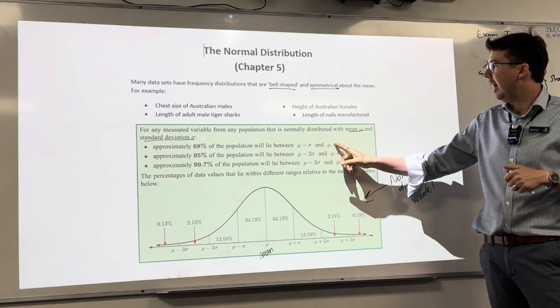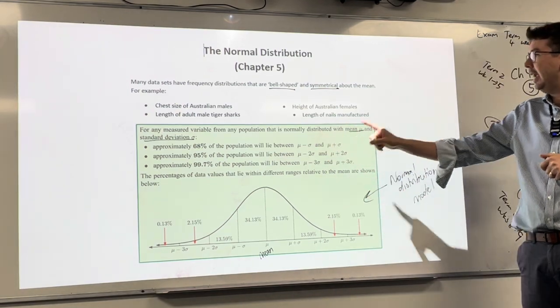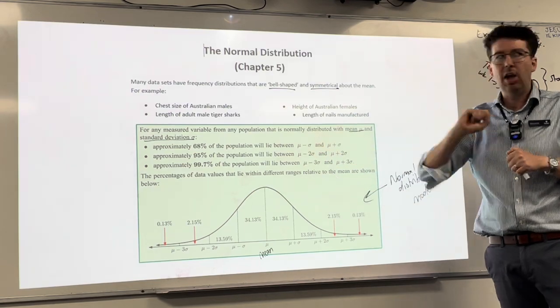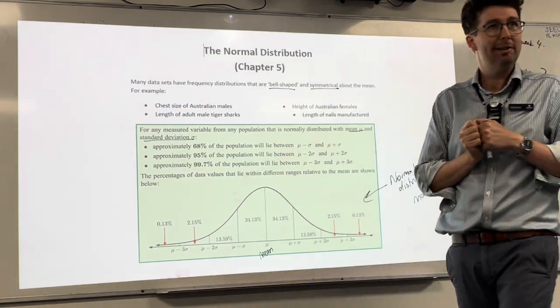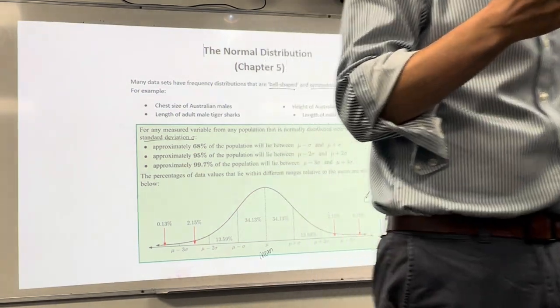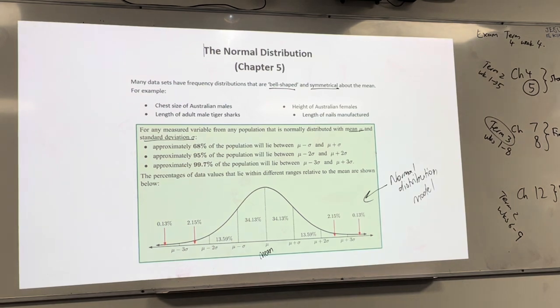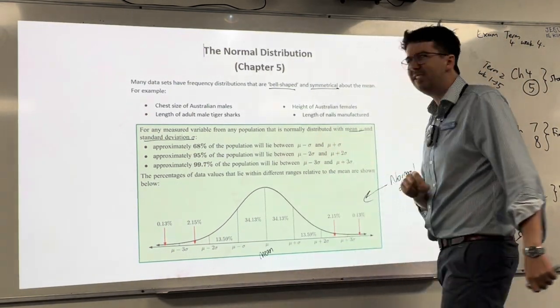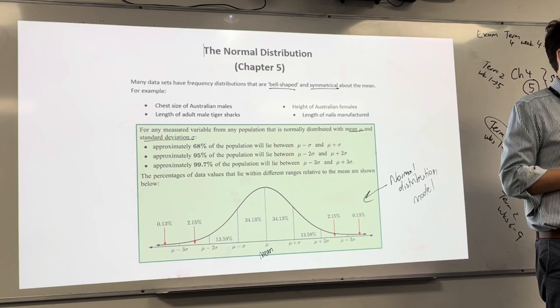Now, let's talk about what mean and standard deviation are all about. What does the mean of a data set mean? The average. How do you work out the average of a data set? Yeah, you add everything up, you divide it by the number. Standard deviation. What does standard deviation of a data set mean?